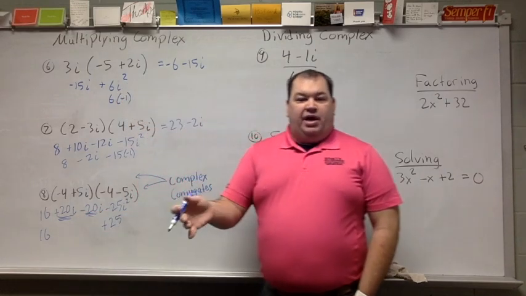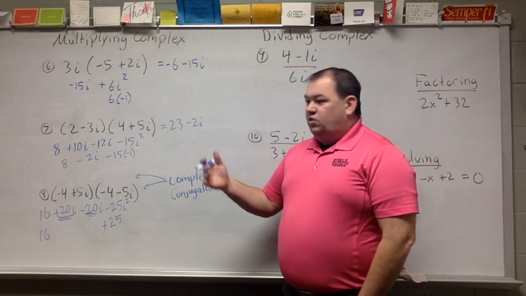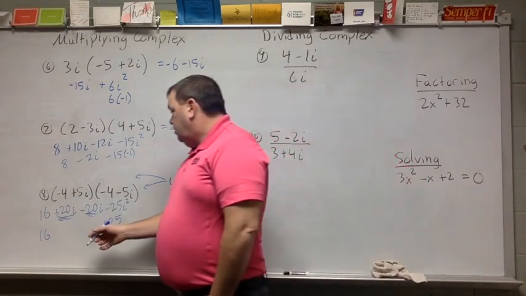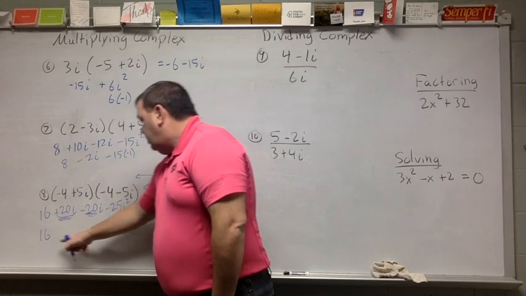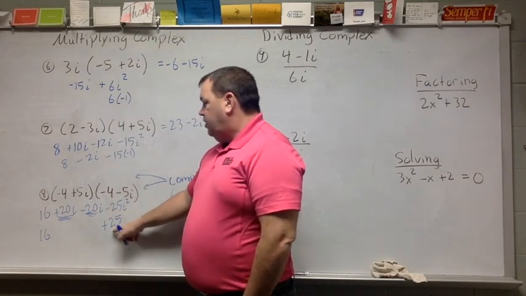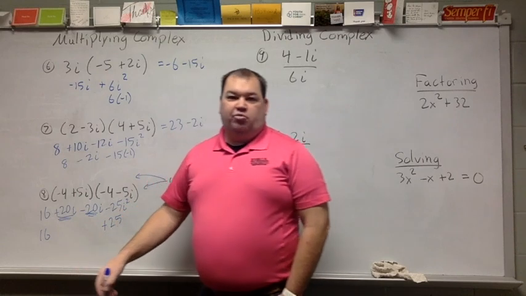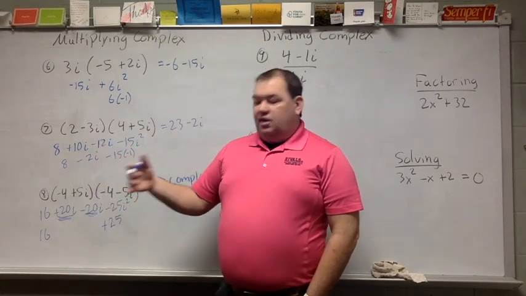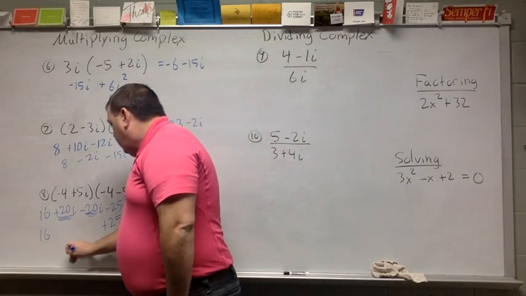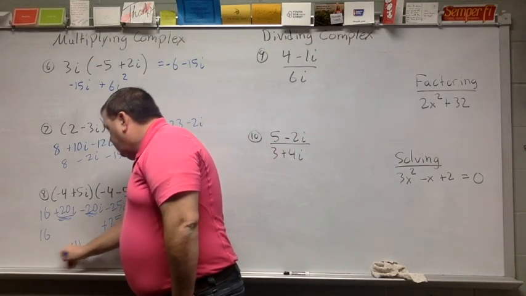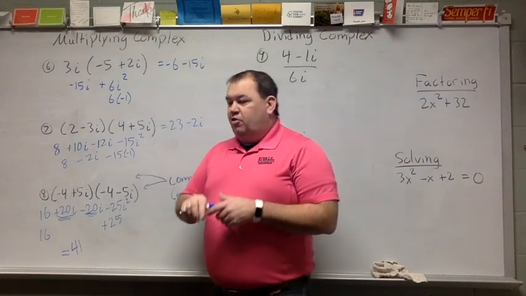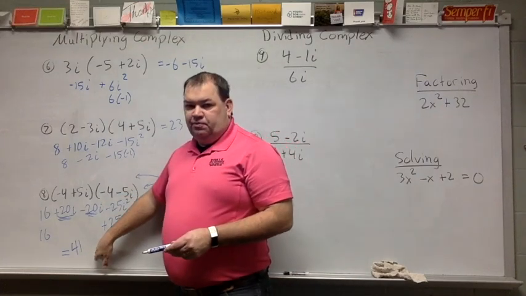When I go to combine those like terms, one's positive and one's negative. They actually cancel out. So all I have is 16 plus 25. I don't have an imaginary part anymore. I jumped out of the imaginary numbers, the complex numbers, into the real number system. I got 41. So I took 2 complex numbers, multiplied them together, and got a real answer.